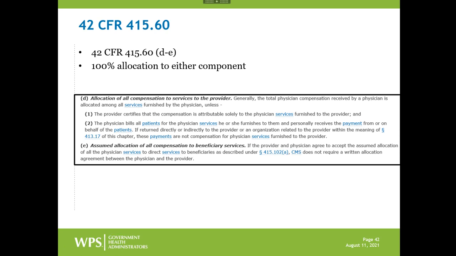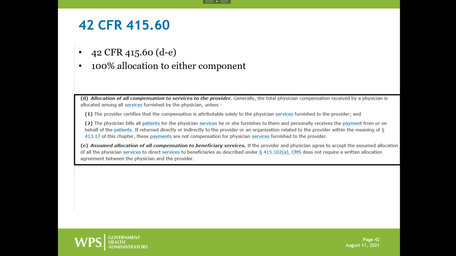Now that's D. E is the exact other approach, where they're assuming that all compensation is physician component or professional component. If the provider and physician agree to accept that 100% allocation to the professional component, then CMS does not require a written allocation because that's the worst case scenario anyways.